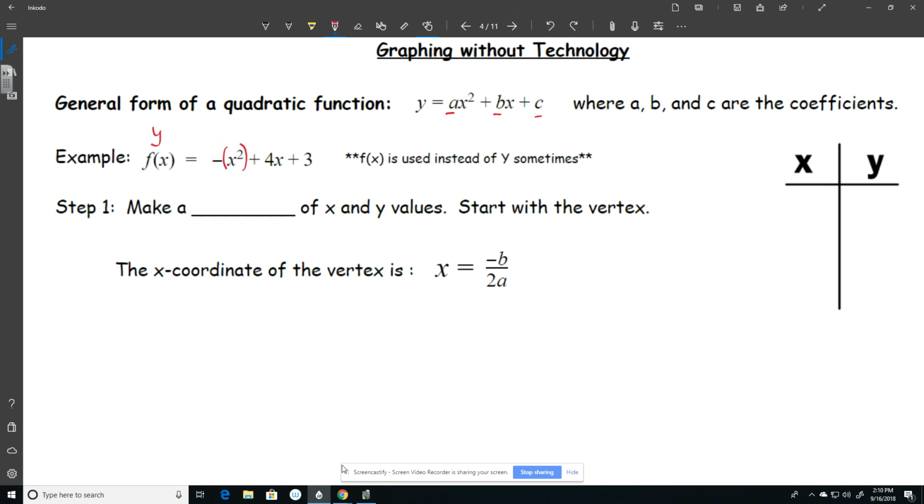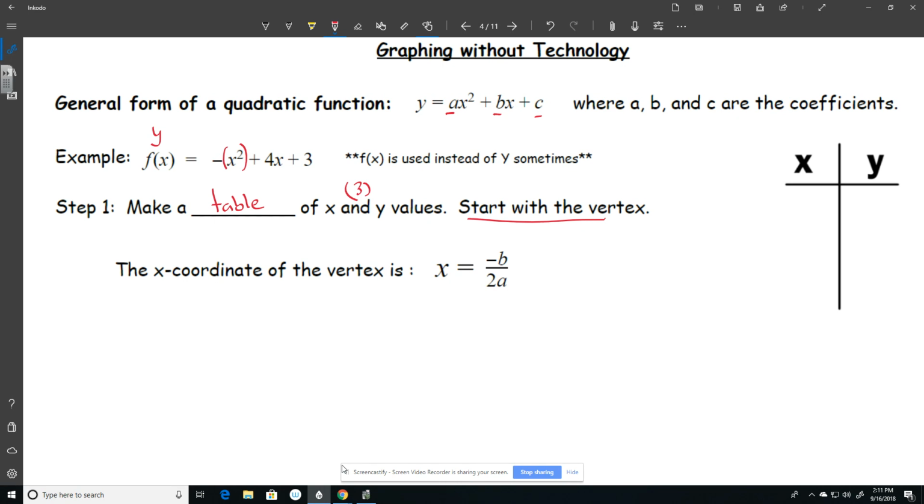Okay, so step one, if I have to graph this by hand, the first thing that I'm going to do is make a table of a few x and y values, probably about 3. The first one I'm going to use is the vertex. So I made a little table right here.